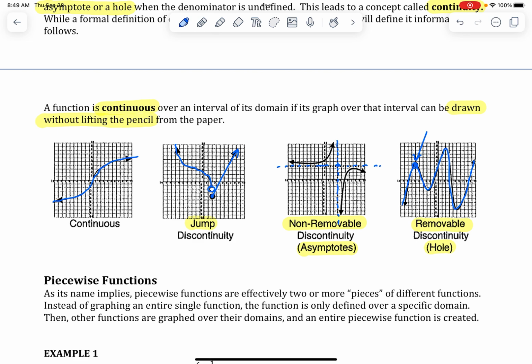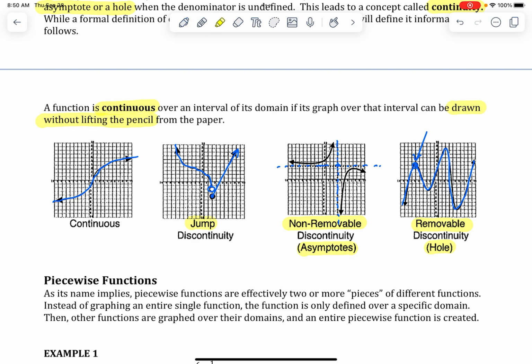So these are two completely defined separate functions that happen to be on the same set of axes. Literally, you can think of it as the graph jumps from one point on the x to another point on the x value. You can't fill it with another function because it's already defined at another point, so that hole never actually gets filled, which is why it's a jump discontinuity versus a removable discontinuity, okay?